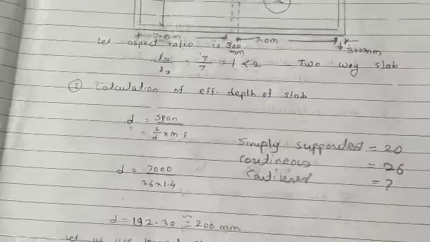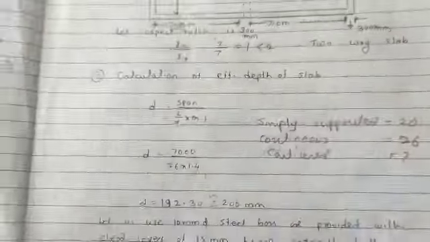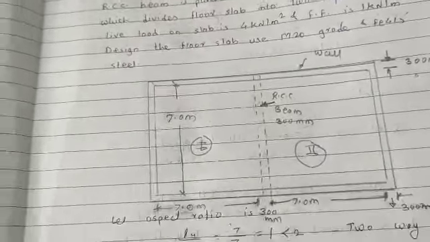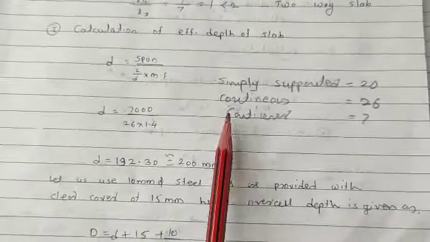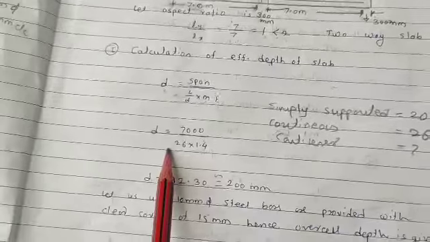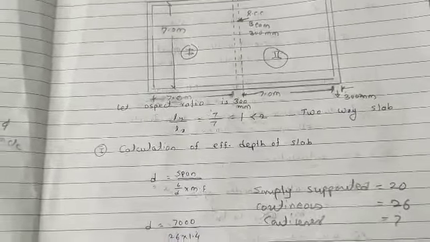Now here the given slab is a continuous slab, so we have to adopt L by D ratio as 26.